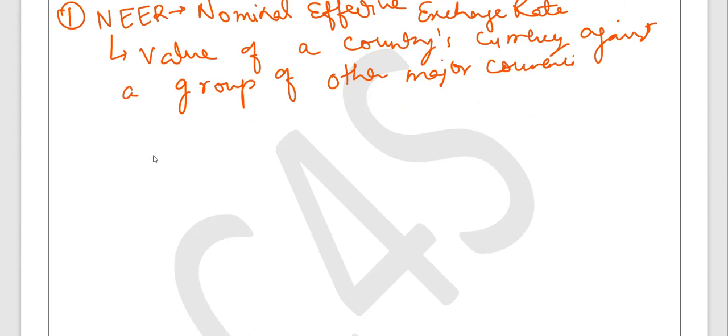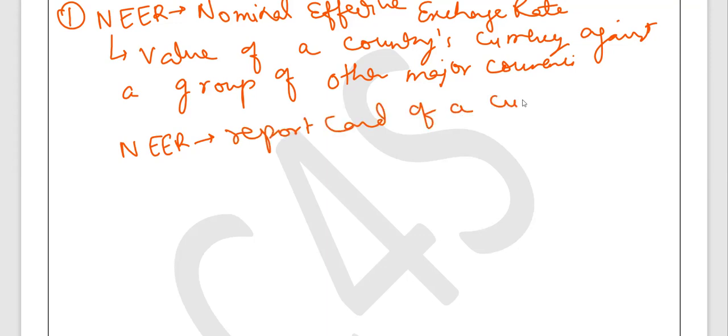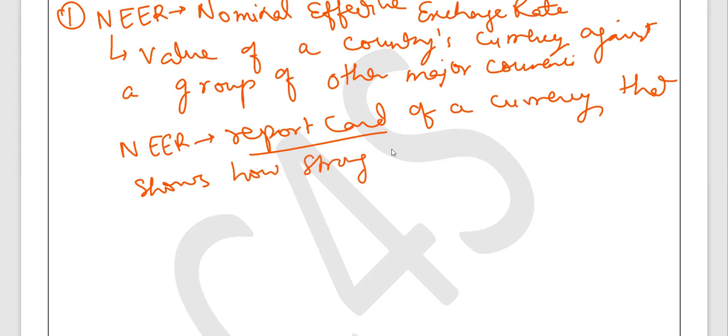So in simple terms, NEER is like a report card for a currency that shows how strong or weak it is compared to other currencies.